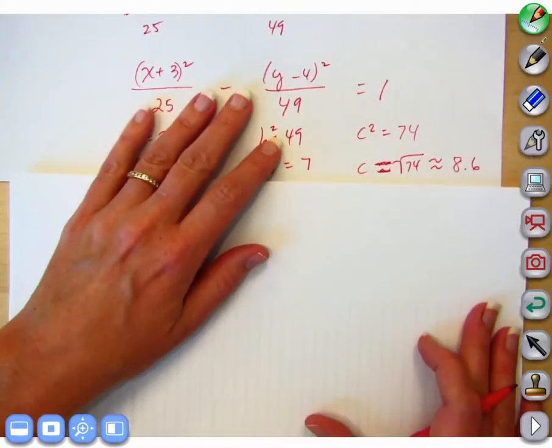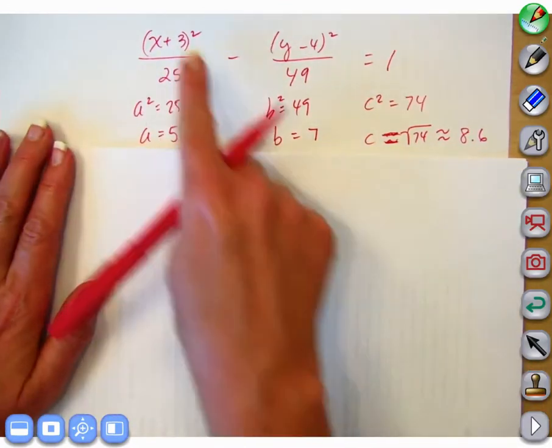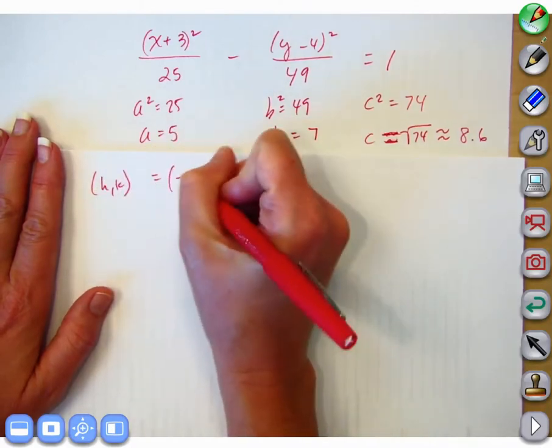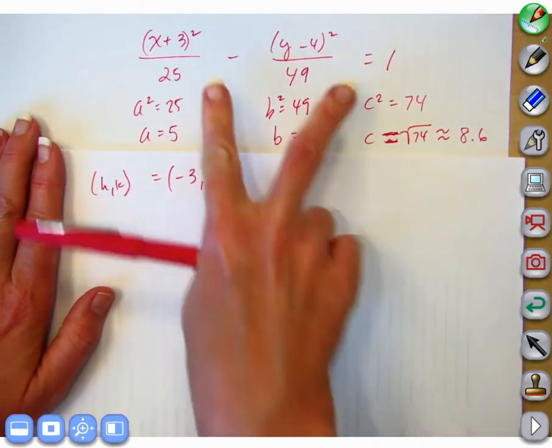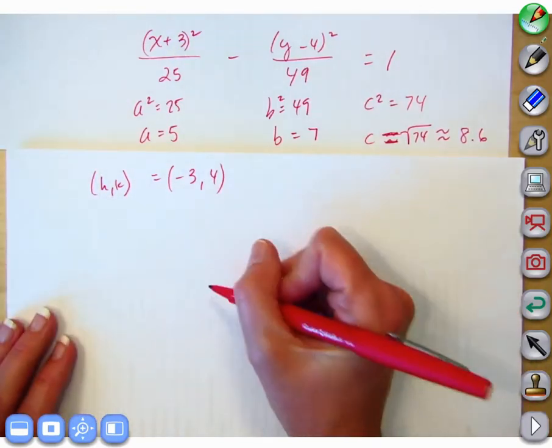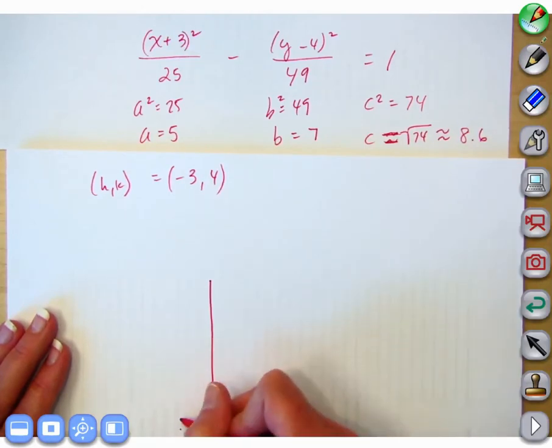So from there, I'm just going to graph it free-handed because it'll be easier, because the center point is at negative 3, 4, so that's straight from the standard form. So if the center point is there, let's graph it. So back 1, 2, 3, up 1, 2, 3, 4.